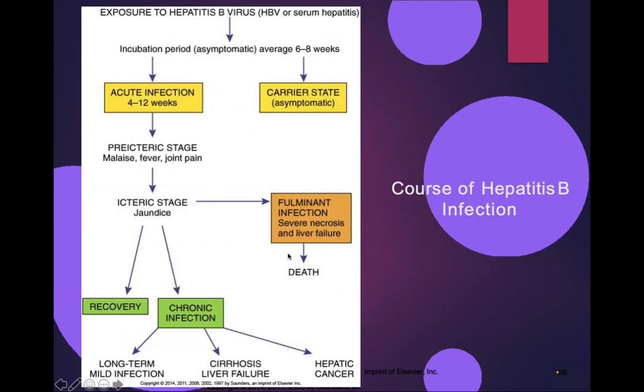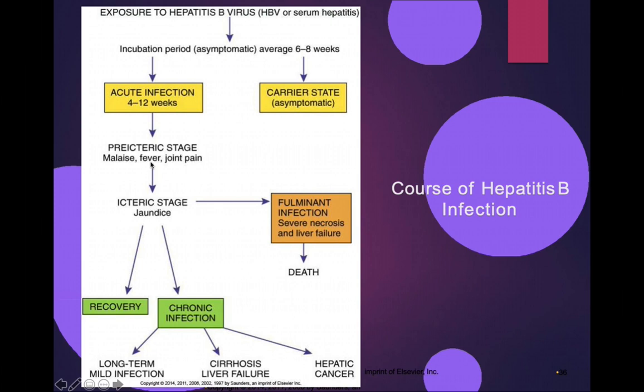So here is an exposure to hepatitis B, and the incubation period is about 6 to 8 weeks. There can be an acute infection that lasts about 4 to 12 weeks, or they could be just a carrier and be asymptomatic. If they have an acute infection, they could be in the pre-icteric stage.